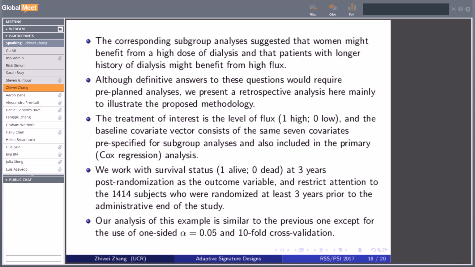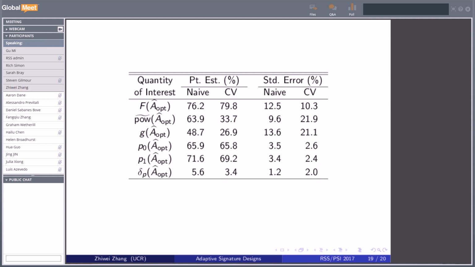Our analysis of this example is similar to the previous one, except for a higher significance level and tenfold cross-validation. And the results are summarized on the next slide in the same format as in the previous table.